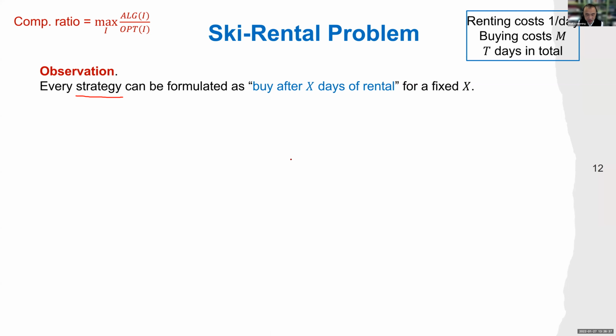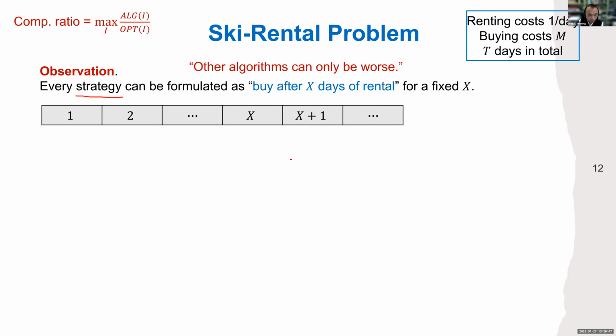So let's see, what should this X be? As we discussed, other types of algorithms can only be worse. So for this X value, how do we argue? Let's try if x is less than or equal to m minus 1. Because in our solution, we choose x to be m, right? We rent for m days and then buy.